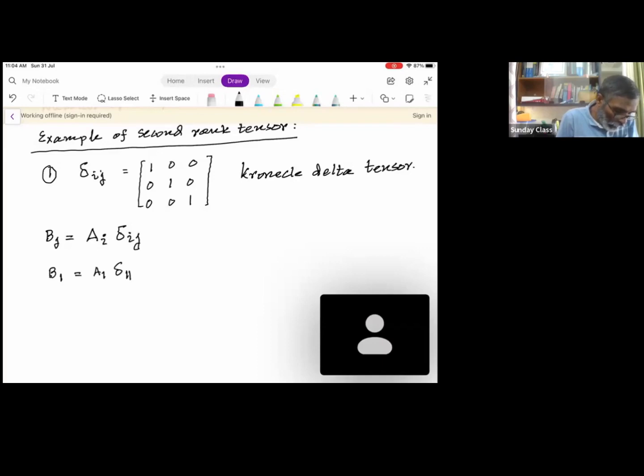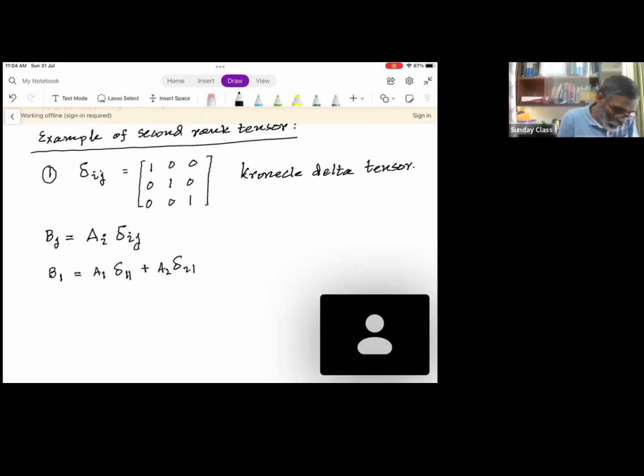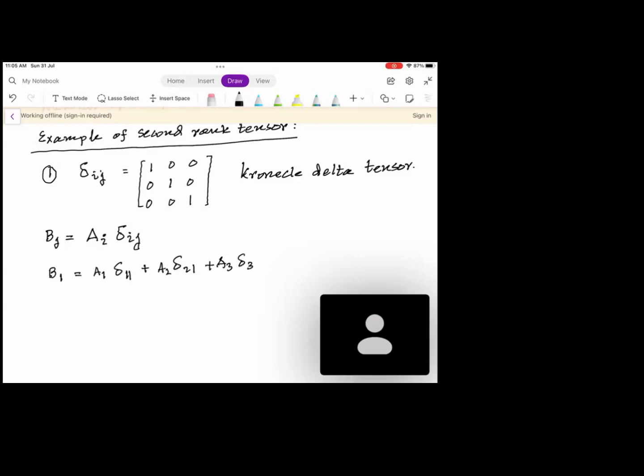I have to sum over i, right? Yes, sir. a2 delta 21, plus similarly a3 delta 31. Correct?